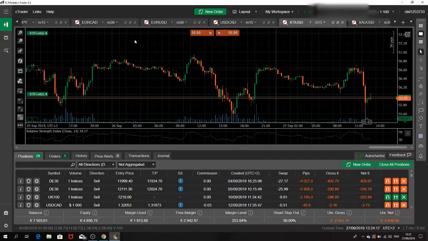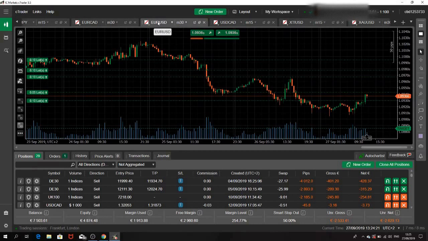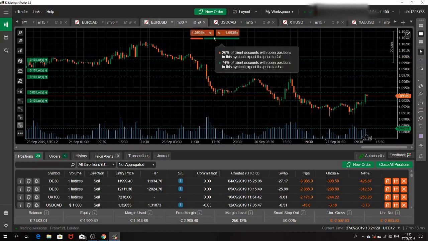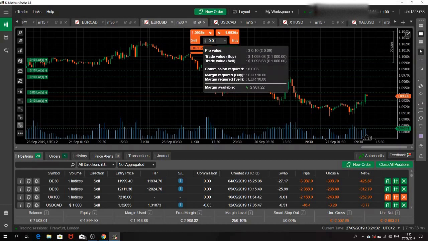How am I able to take positions? Because leverage with Forex works like this. Let's take the Euro-US pair. It tells you right here, if I take 0.01, which represents just 1,000 euros in the market, I only need 10 euros of my own physical money in this account to take that position out.